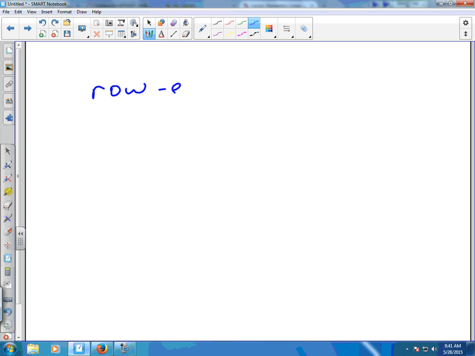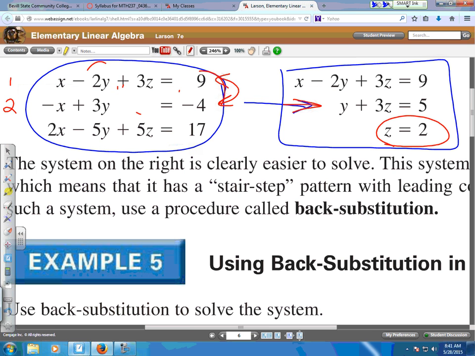And the benefit of putting a system of equations in row echelon form is, notice in this example, we know what z is. So once we know one of our values, we can work backwards to get the other values.